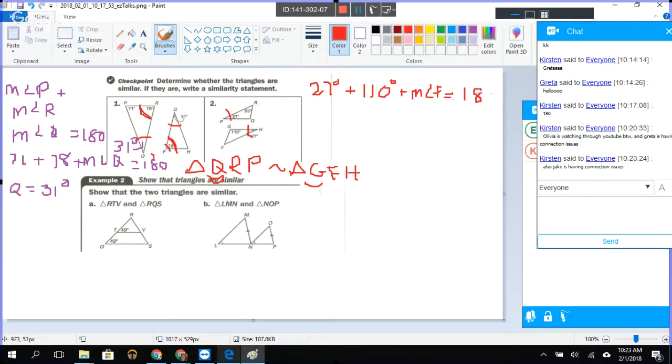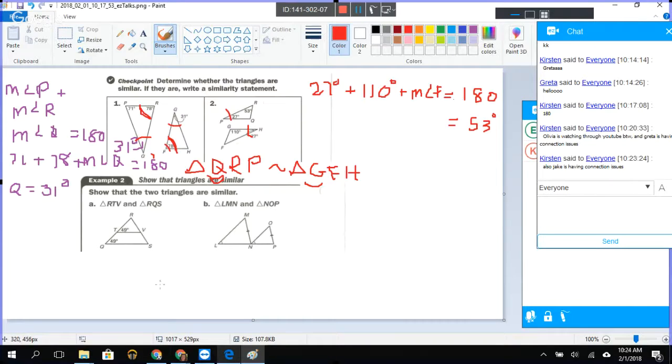If I add 27 and 110 together, I get 137, and I subtract that from 180, and I get 53. No, that's not right. I should have my calculator up here.